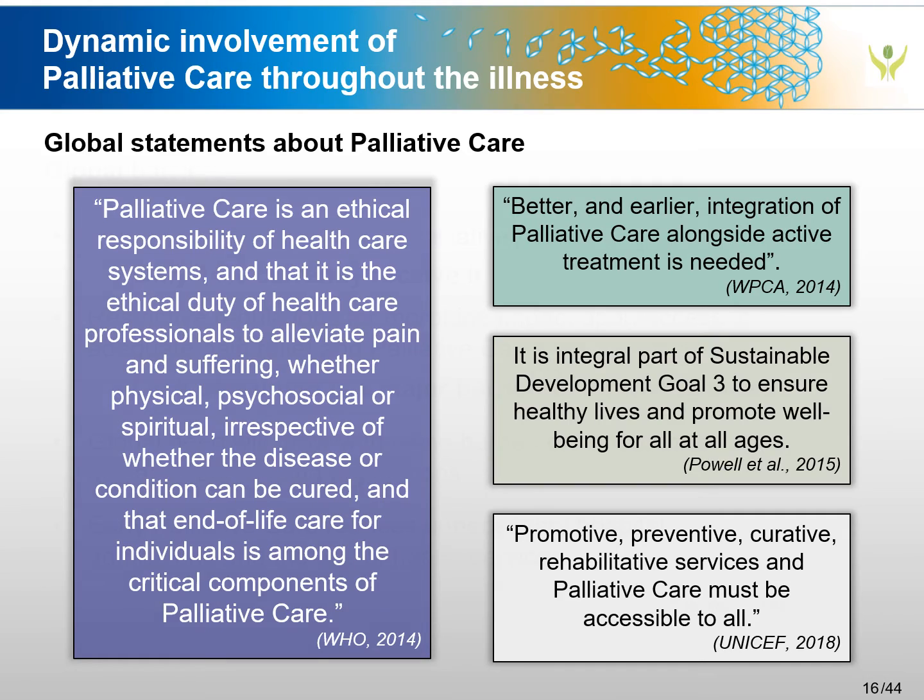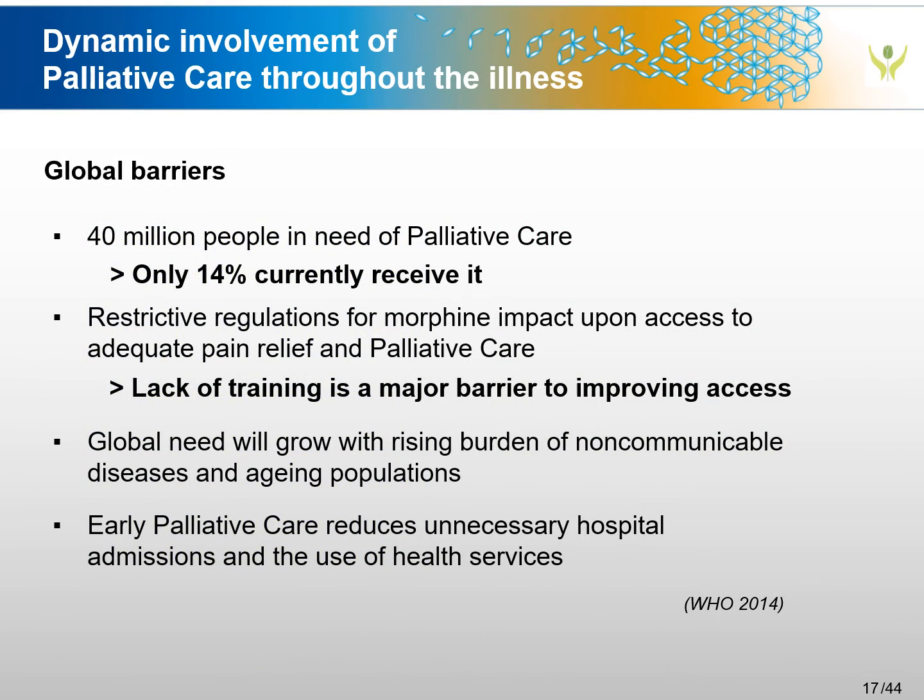The 67th World Health Assembly resolution demonstrated that 40 million people are in need of palliative care, but only 14% currently receive it. In particular, restrictive regulations for morphine impact access to adequate pain relief and palliative care.